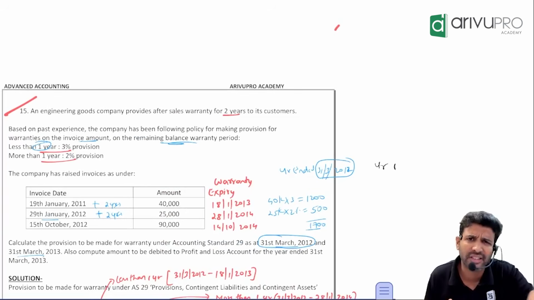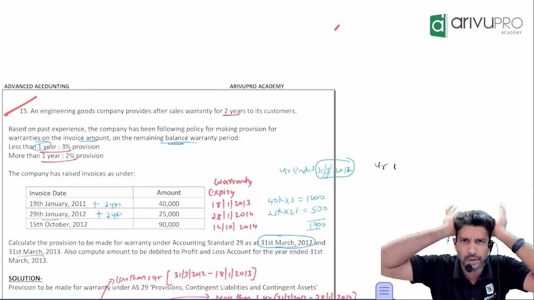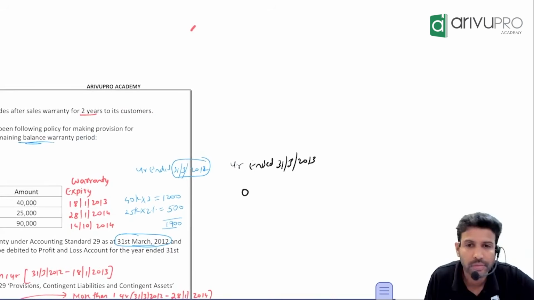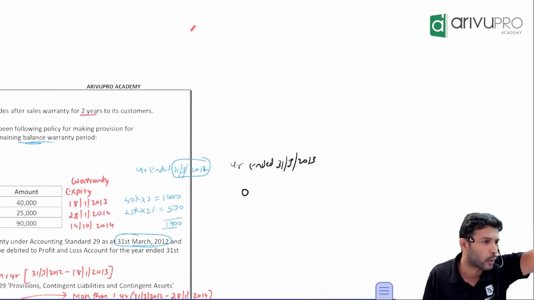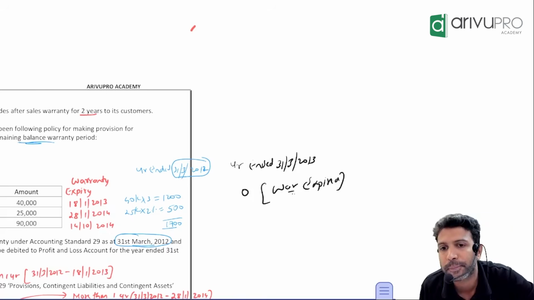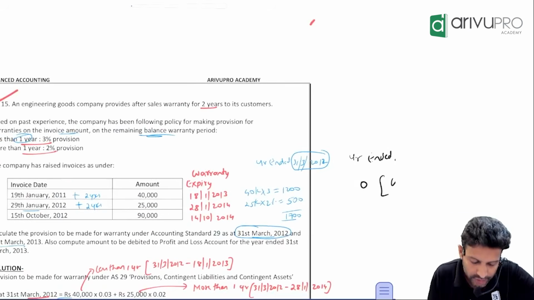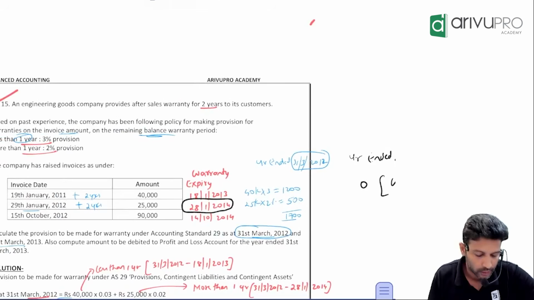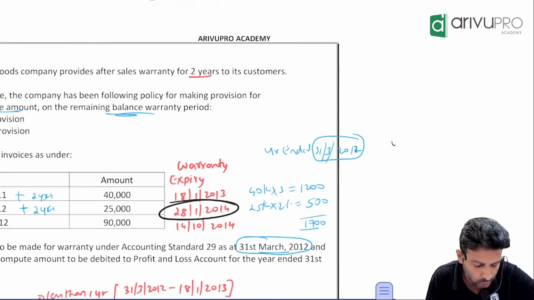After the warranty has expired, is there any obligation for us, or is the obligation gone? Is any provision required or zero? On the first sale, no provision is required because the warranty has expired. Easy. Now, on the second sale, the warranty will expire on 28th January 2014.